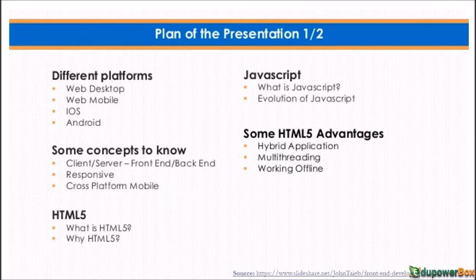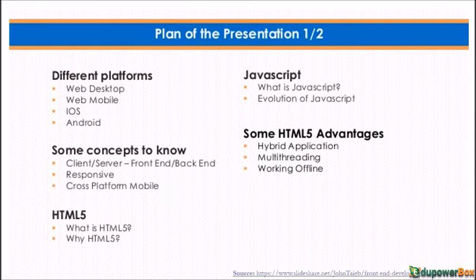Okay, before I continue, let me talk about the different platforms and some of the things you will get. I'm going to be talking about web desktop, web mobile, iOS, Android, and the evolution of JavaScript. I'm going to be talking about server and client, cross-platform mobile apps, hybrid applications, multi-threading, and all that.